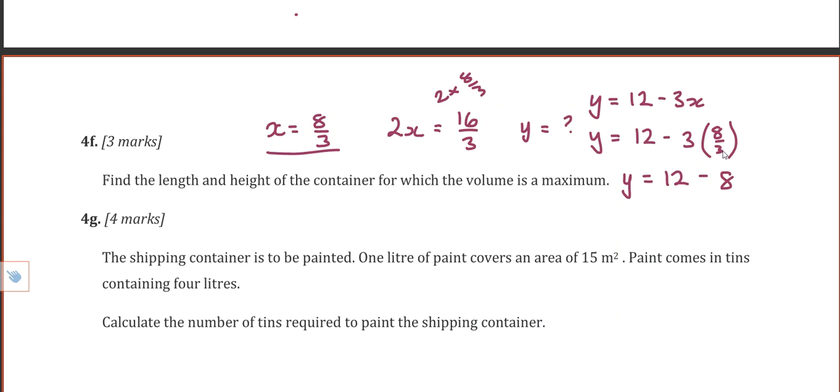So it's 8 divided by 3, then times 3, you get rid of the 3s, yeah? So we've actually got y is 12 minus 8, which means y is 4. Nice and easy.